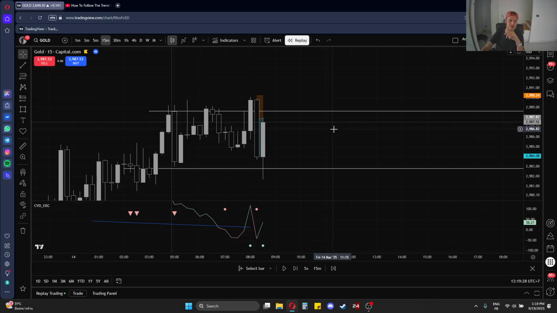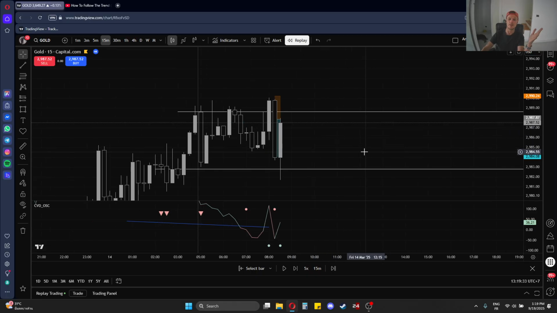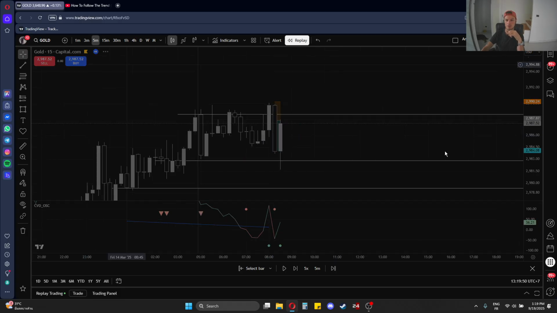So this was a very powerful breakout, fake out in this case, because as I've spoken about in the introduction of the video, if you have a 5-minute candle close and a 15-minute candle close, that is two types of traders, the 5-minute traders and the 15-minute traders, that are trying to break that breakout. And if it turns out to be a fake out, it's going to be a very powerful one potentially.